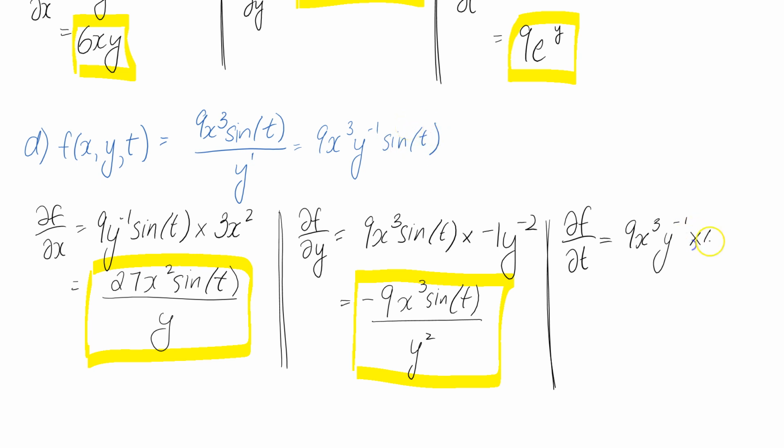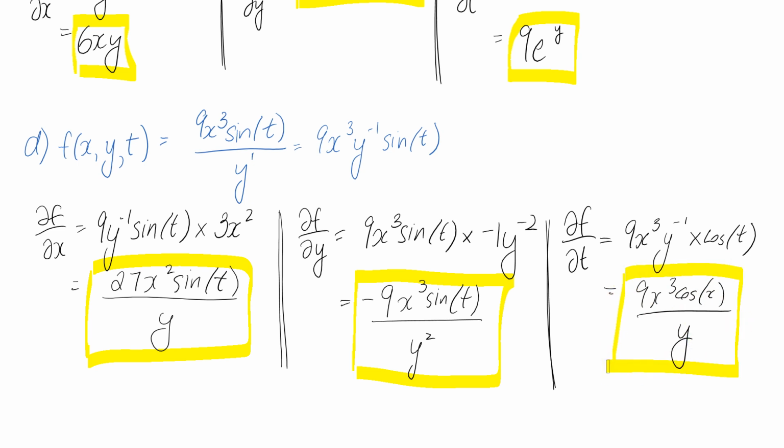So the derivative of sine is cos, so we end up with that. So again, if we want, we can flip the y down to the bottom to make it look a bit neater. But equally, you could leave it on the top. It's the same thing. So that would be my answer for the derivative with respect to t. So that's all there is in terms of this video.